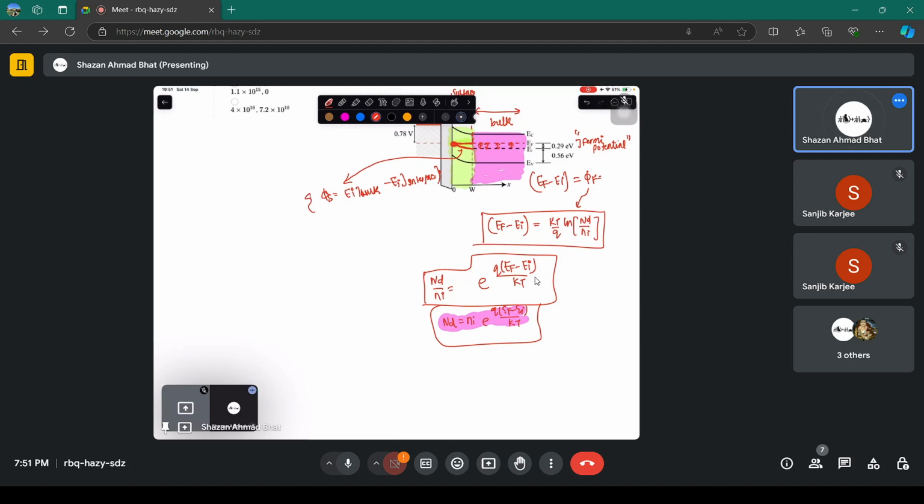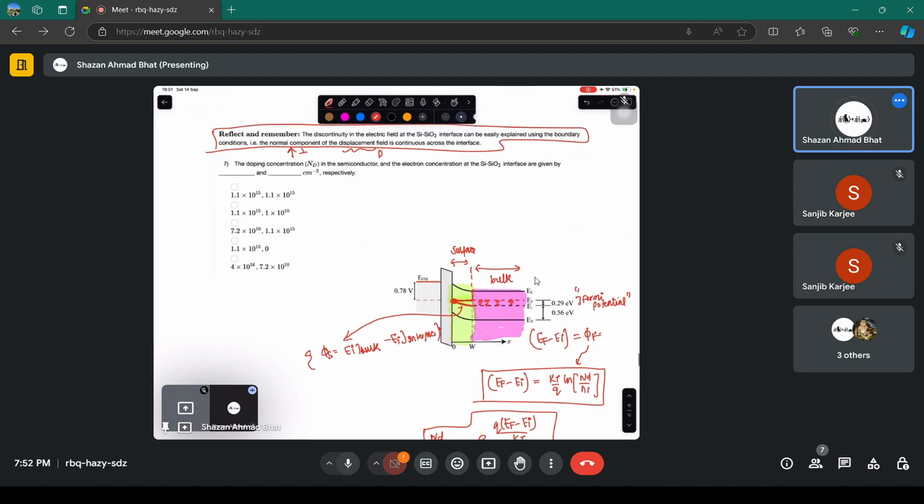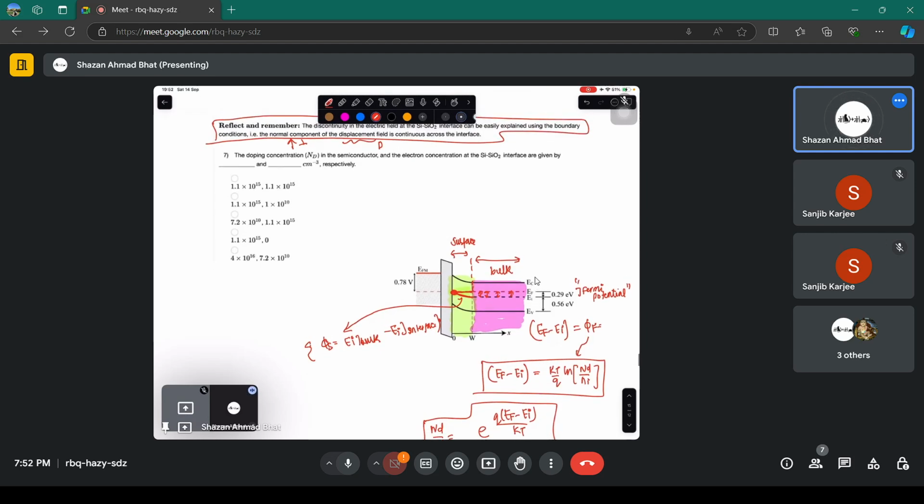Using the same logic, you can obtain the value for the surface potential. I guess that is for the next part. But for this part, what were we supposed to compute? Doping concentration in the semiconductor and electron concentration at the silicon dioxide interface.